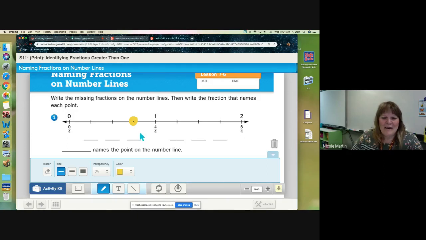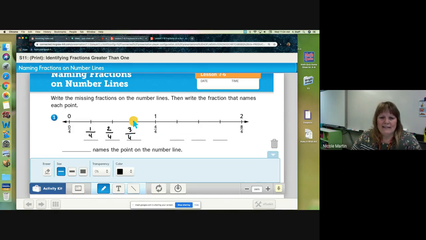So we're going to have to go back and do the same thing that we did on the previous page. So let's take a look. There's 1, 2, 3, 4. There's 4 parts. So that tells me that my denominator is 4. So if we travel 1 distance, it would be 1 fourth. If we travel 2 distance, we're going to go 2 fourths, and then 3 fourths, and of course 4 fourths.